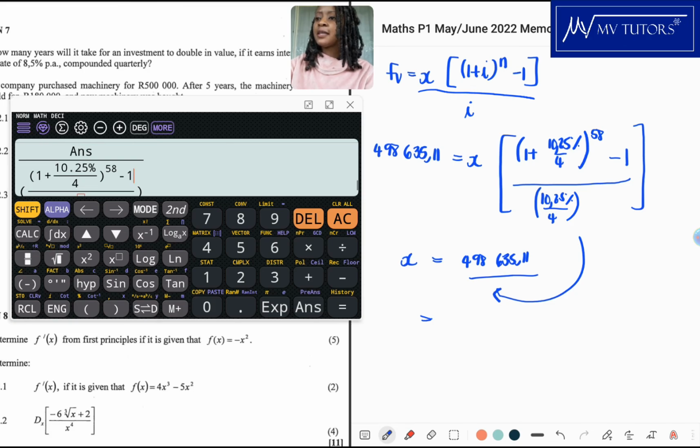I don't need to close the bracket. And then we go to the denominator where we have 10.25%. This is where you're likely to make errors, I'll be honest.